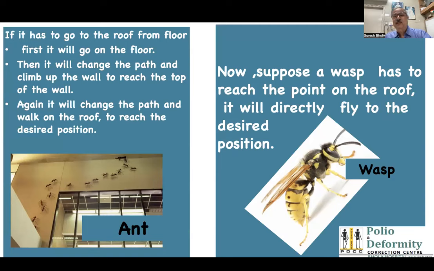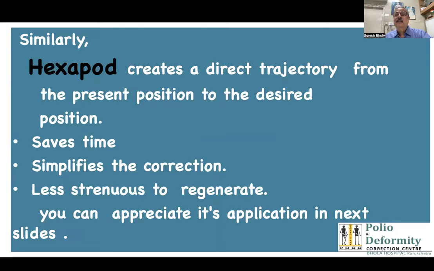So it will draw a direct trajectory. Similarly, hexapod also creates a direct trajectory from the present situation to the desired position. What it does, it saves time, simplifies the correction, and it is less strenuous to the regenerator. What does this mean? I will try to clarify these things in my next few slides.